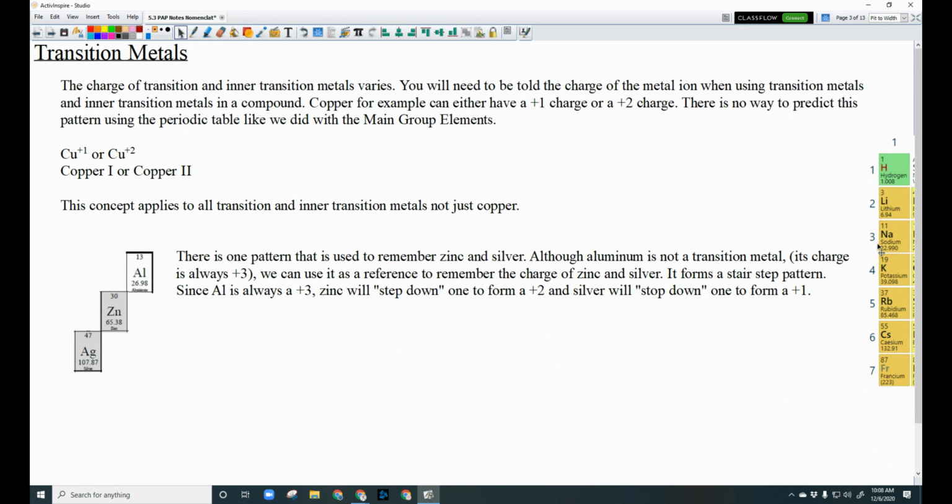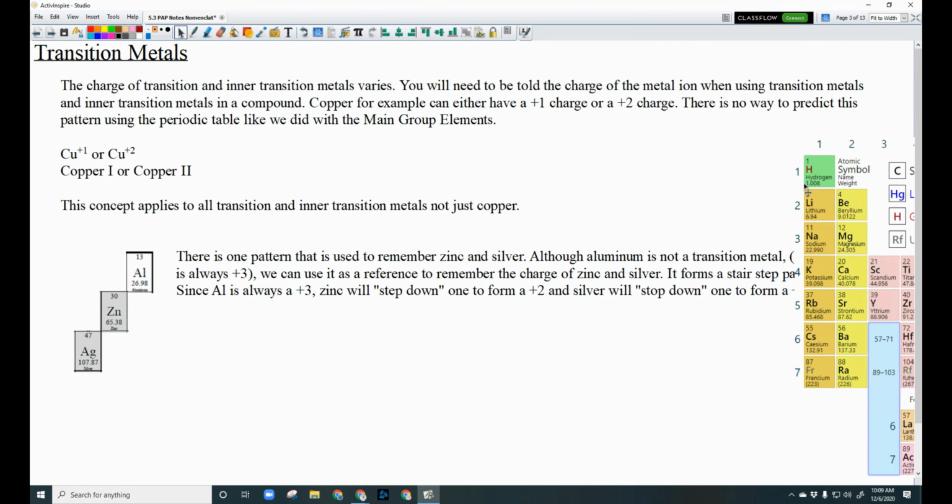We don't have any set pattern where we could say this transition metal is this charge or that one is that charge. There are a couple of patterns we're going to talk about, but not an overall pattern. So you're going to need to be told the charge of that metal ion when you're using those transition metals or inner transition metals.